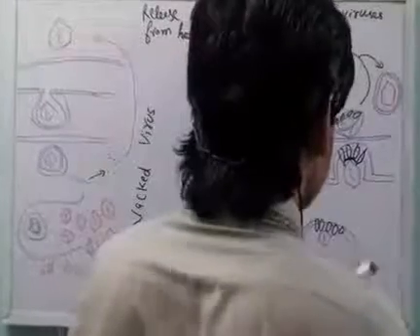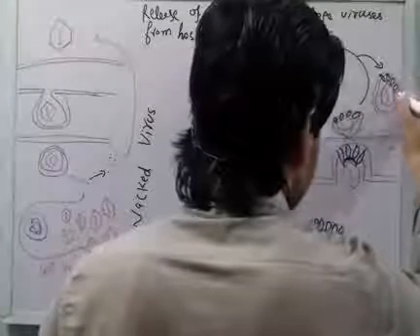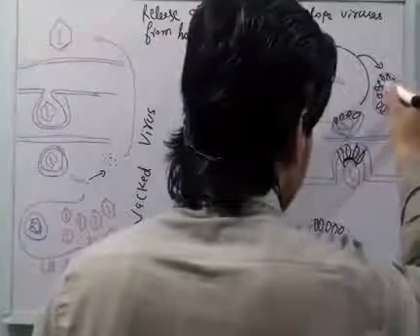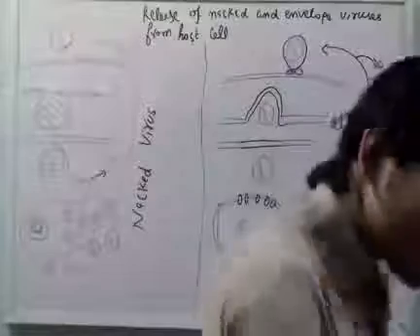And they carry the genetic material, and these are the protein receptors. So these protein receptors are now attached with this, and finally we get an envelope virus, this or this.